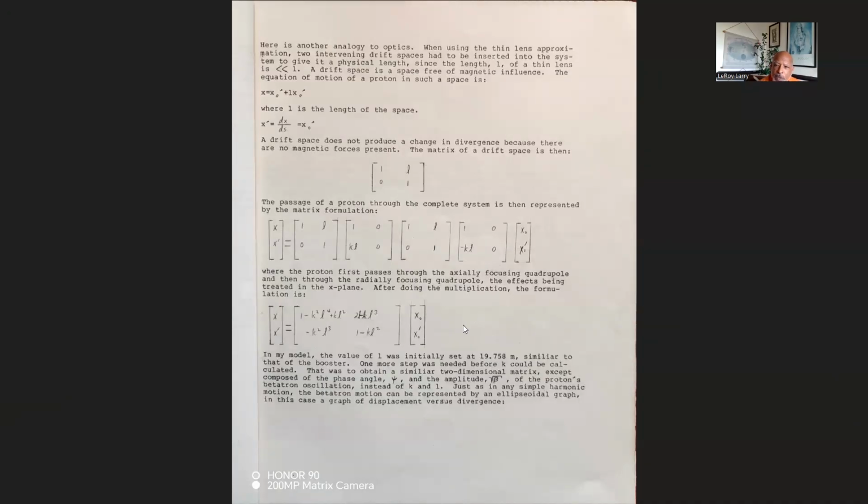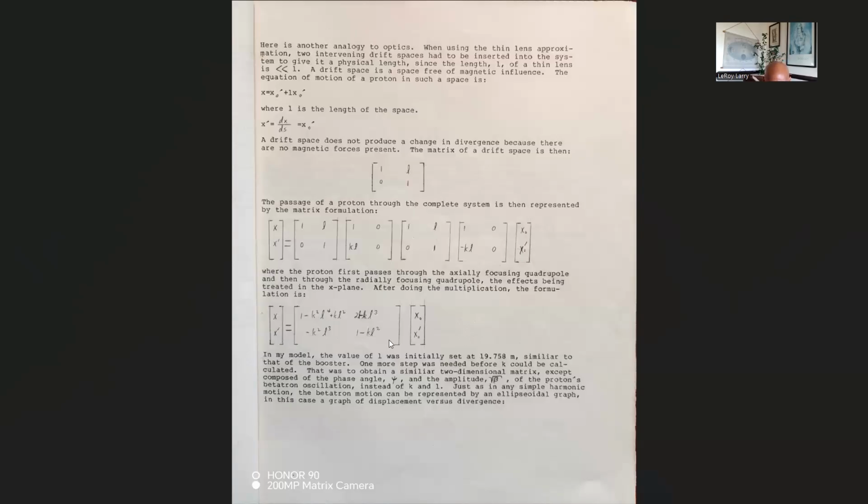Okay, so now what we want to do to get to that K is we want to go from a different reference system, okay?